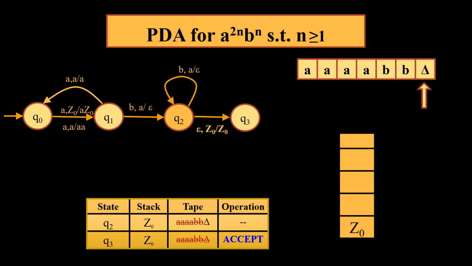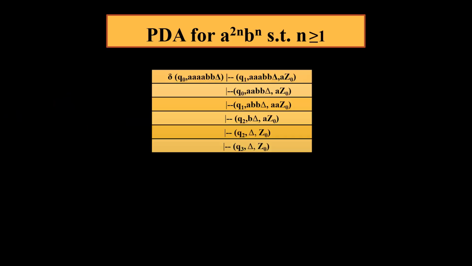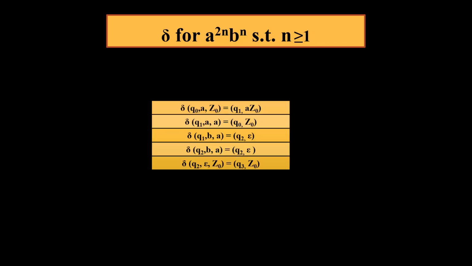When we reach the end of the tape, we come across Z0 on the stack and we move from state Q2 to state Q3, which is the accept state. This is the ID for A^(2n) B^n, for A^4 B^2, and this is the transition function for A^(2n) B^n such that n is greater than or equal to 1.